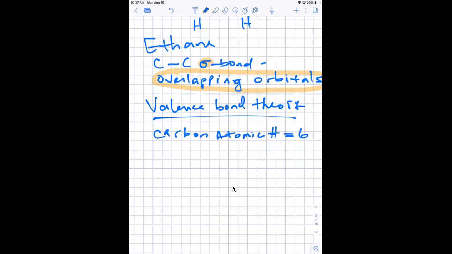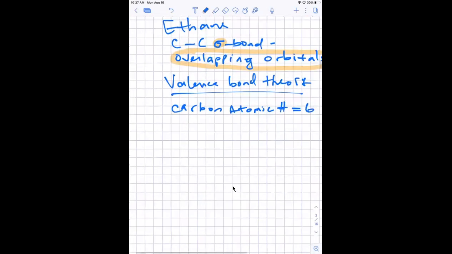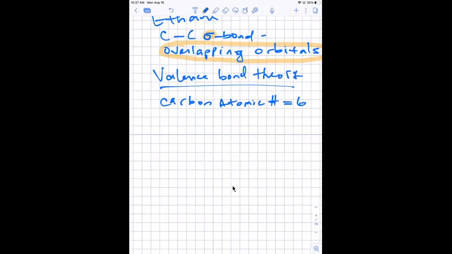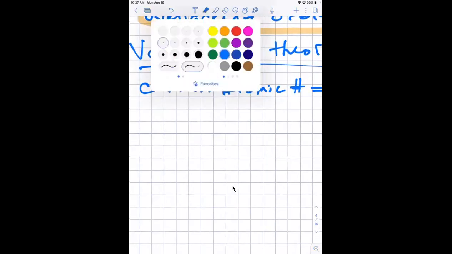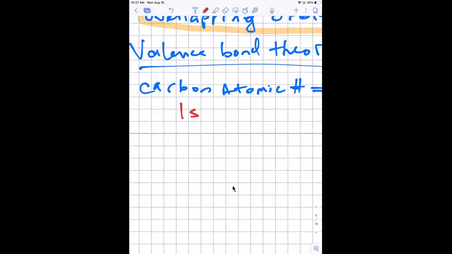Remember how carbon has 6 electrons, but only 4 valence. If you do the Aufbau buildup, it's 1s, 2s, 2p. So it's 1s2, 2s2, because you can only fit 2 electrons in an s orbital, and then 2p2. That's a total of 6, but you have 4 valence.